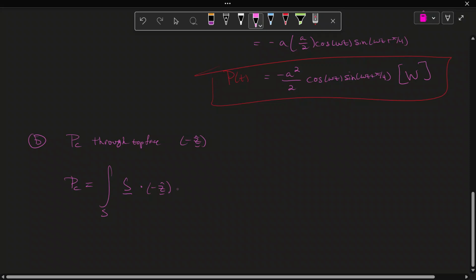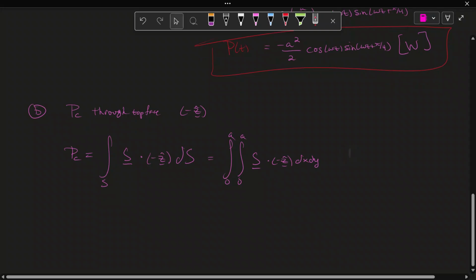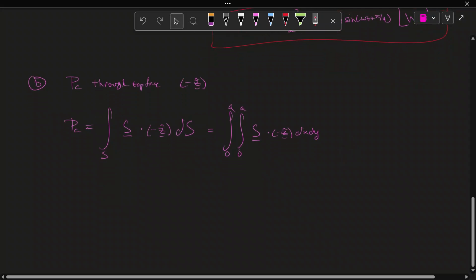No, that's our normal vector, ds. And you can already do the double integral from 0 to a of S times negative z hat, just so you remember this is dx dy. Okay. So now we need to find the complex Poynting vector.